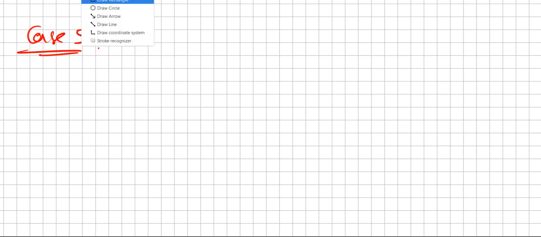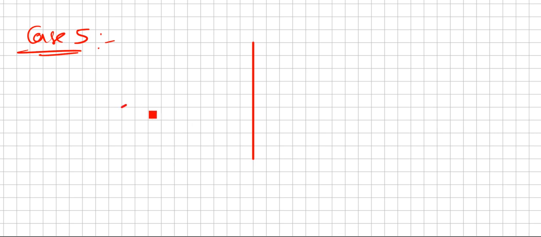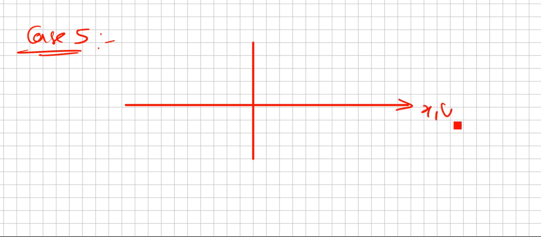Now case number 5 is, if my correlogram contains random points, or you can say some scattered points are there in the correlogram, like here is one point, here is one point, everywhere like this, some random points are there.